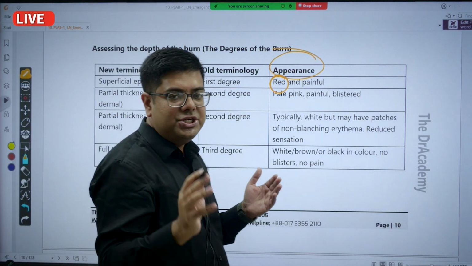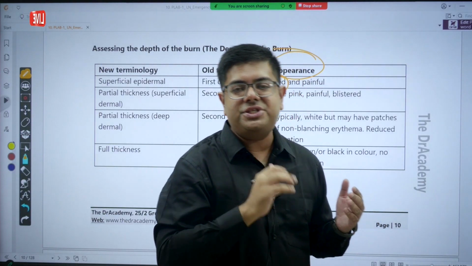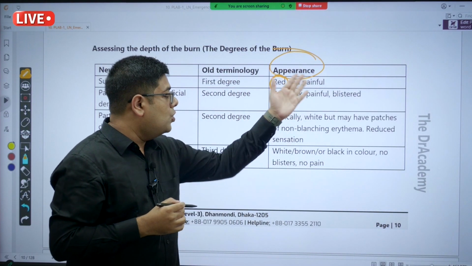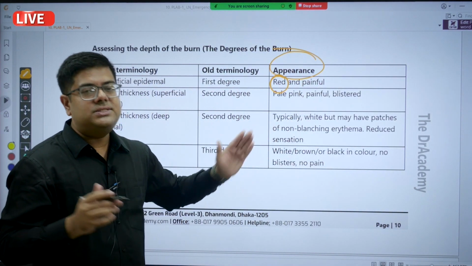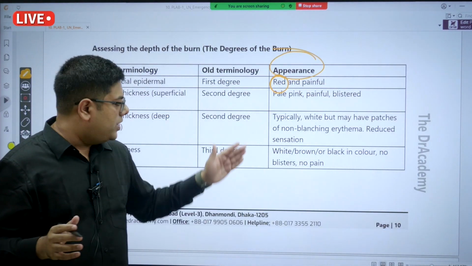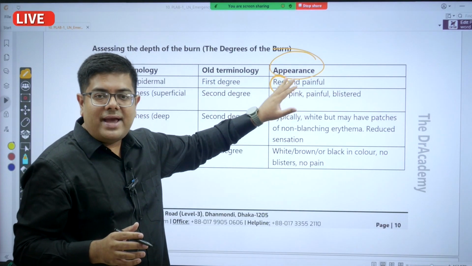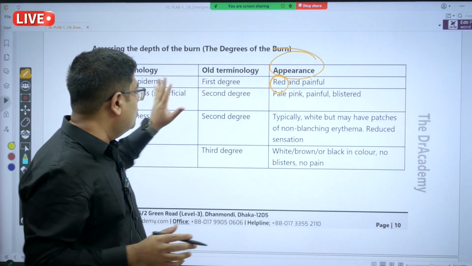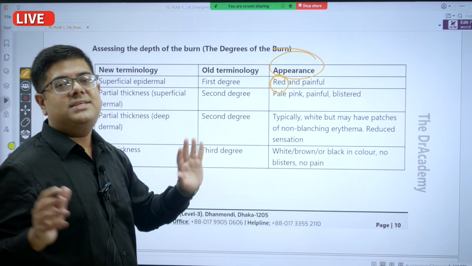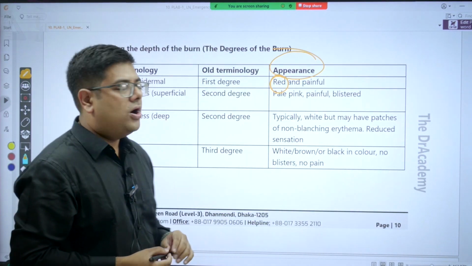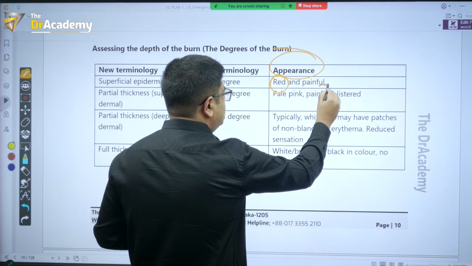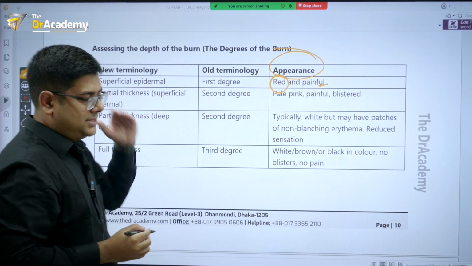Red will tell you that this is superficial or first degree burn. Nowhere in other burns you will find the word red. We will see some pictures very soon, but whenever you see red in a burn patient, you will definitely be sure that this is superficial epidermal burn. Also, you can memorize painful, but look for the word red.